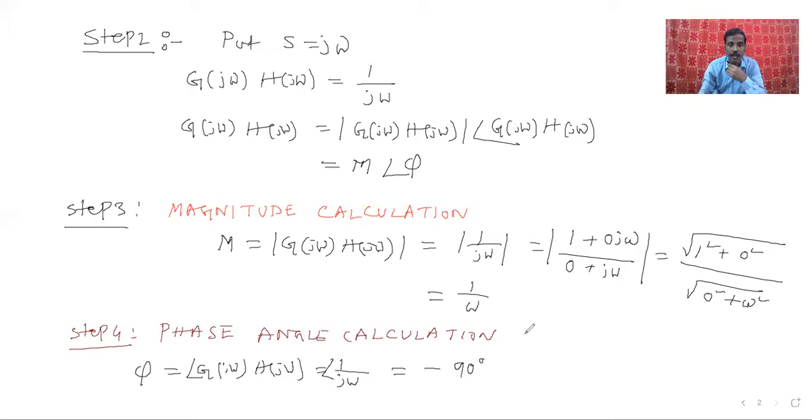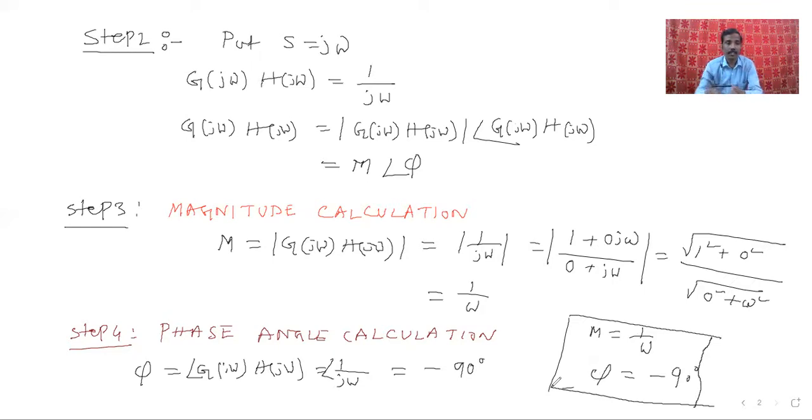So magnitude M equals 1 by omega and phase angle phi equals minus 90 degrees. Then step number 5.